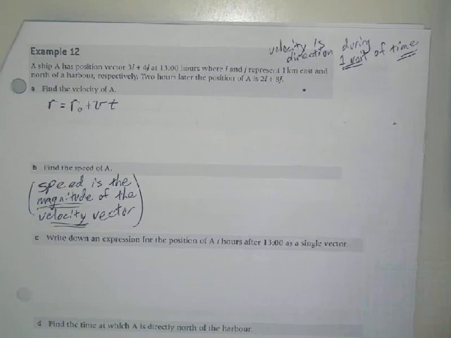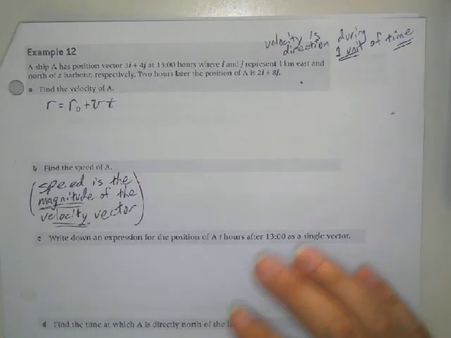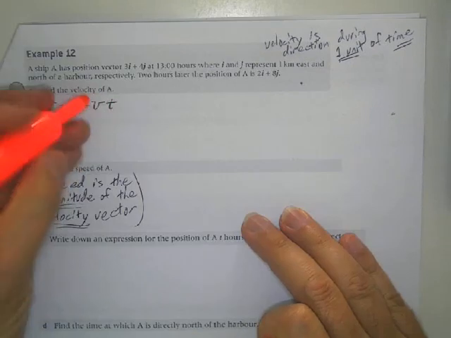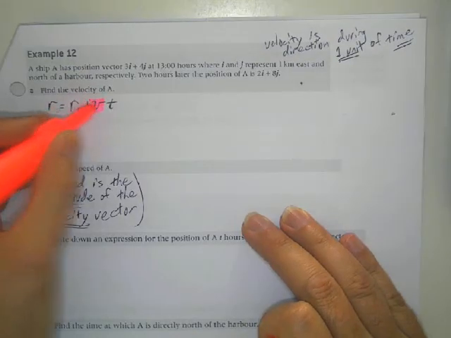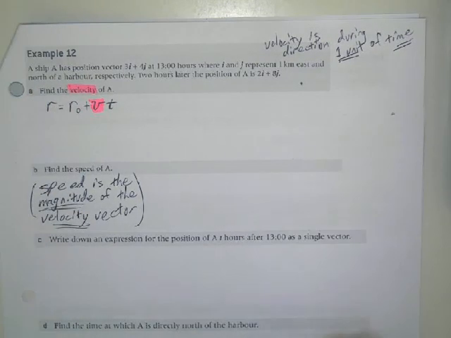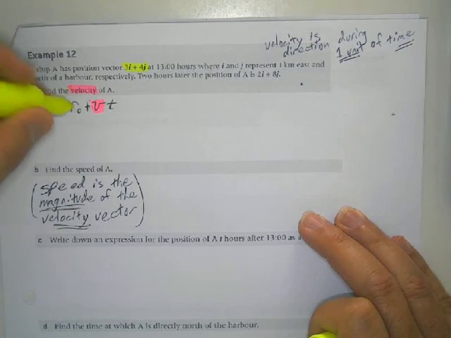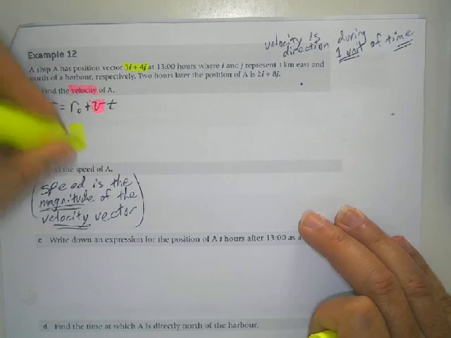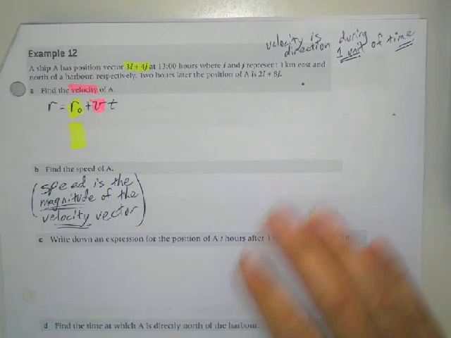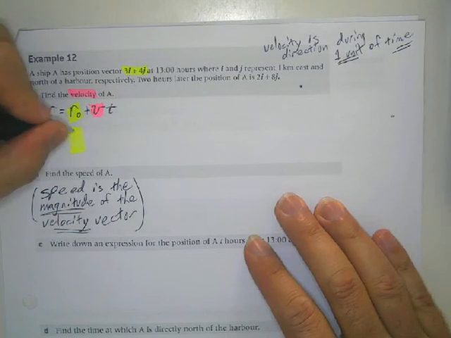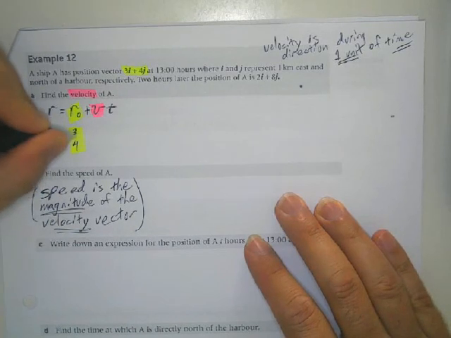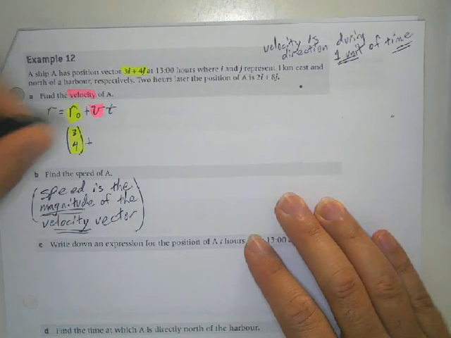Example 12. Okay, so using this equation, we know this is the velocity, right? Find the velocity. The position initially is 3, 4. So I'm going to replace this here with 3, 4. We're trying to find the velocity.